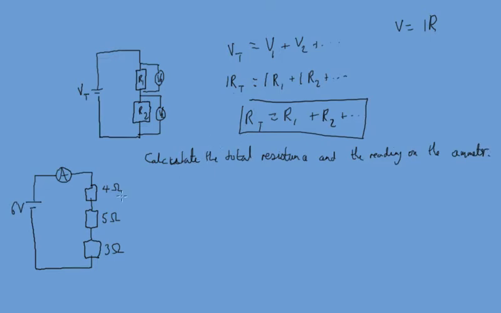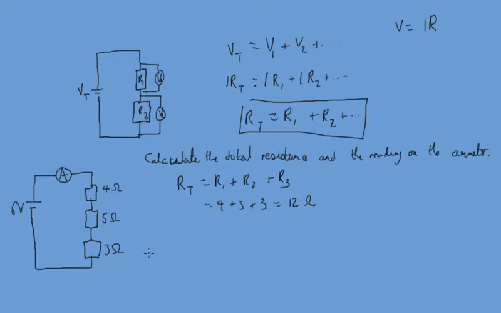Okay, so first we're going to calculate the total resistance. So the total resistance is going to be R1 plus R2 plus R3, which is 4 plus 5 plus 3, which gives us 12 ohms. Nice and simple.